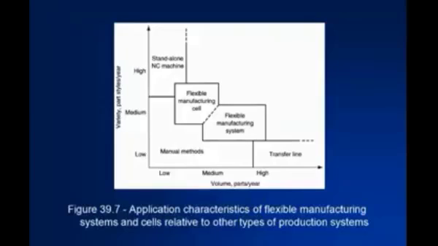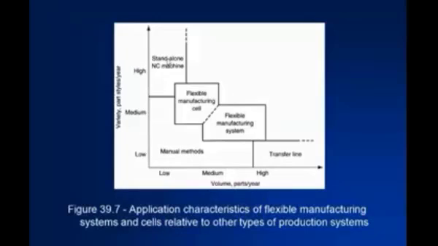These are the characteristics of flexible manufacturing systems and cells relative to the other types of production systems. Vertical is the variety in parts and styles per year, and horizontal is the volume, that is parts per year. In case of the standalone numerical control NC machine, it can accommodate a lot of variety, but the problem is it cannot accommodate a higher volume.